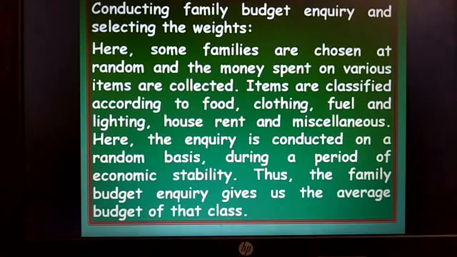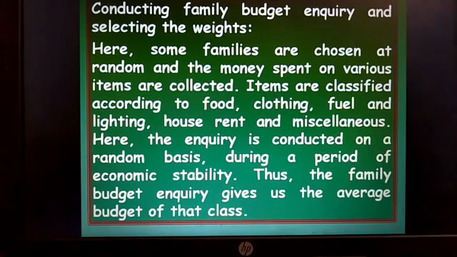Economically, the time or the year should be stable. Any natural calamities or any unexpected things must not have happened in that particular time. Such a time to be fixed for the study. For example, this year 2020 cannot be considered as economically stable year.